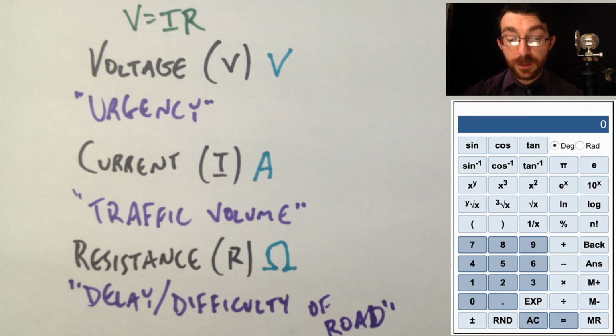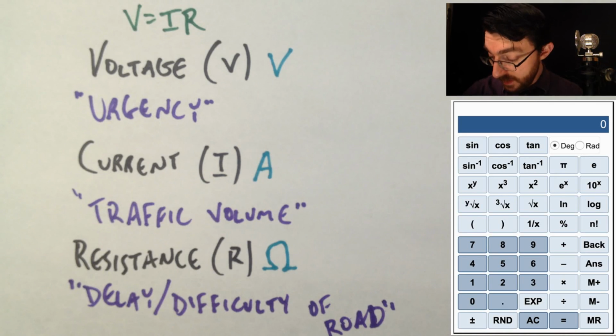Right. So when I'm drawing a circuit, I'm going to explain it twice. I'm going to explain it in terms of the traffic analogy, and then I'm also going to explain it in terms of the actual electricity. Okay, so just keep these in mind, and they will be the conceptual tool that we will use to make sure that we understand everything.